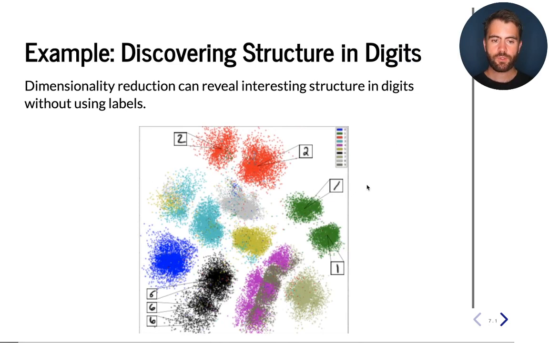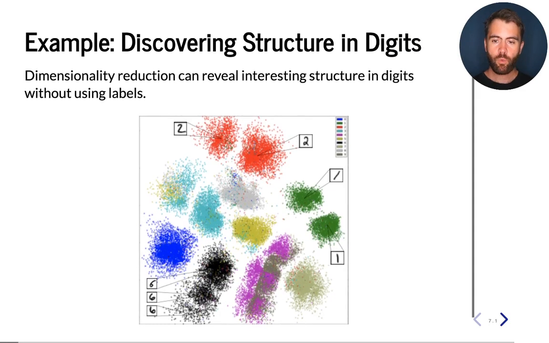So what are some ways in which dimensionality reduction can be useful. One example that we have seen earlier is this example with digits. Here we have a data set of digits, which have 28 by 28 pixels.